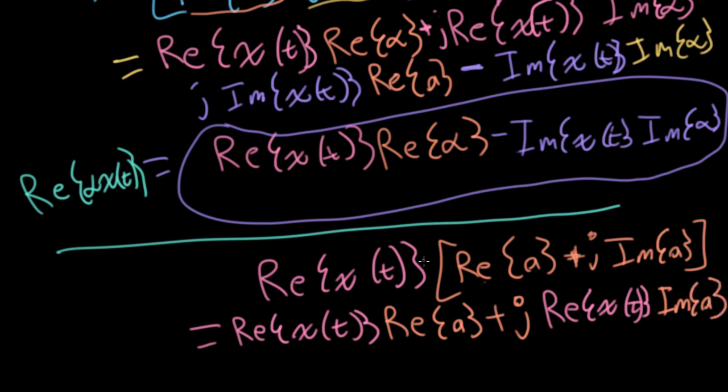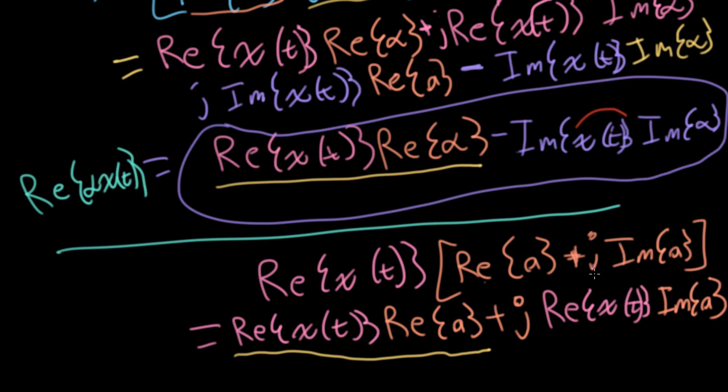All right, so let's compare these things. If we look at what we have on the top here, this first term matches. But the second term doesn't. The second term has this problematic thing with the imaginary part of x of t here. Oh, let's finish off that parenthesis.